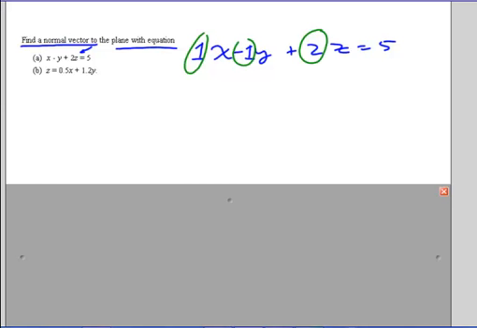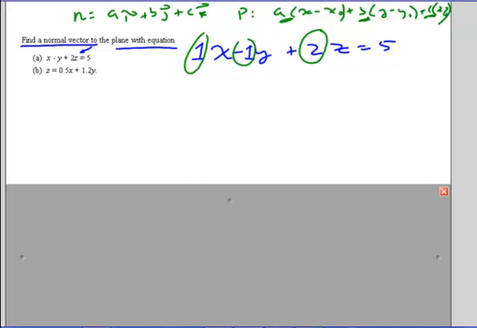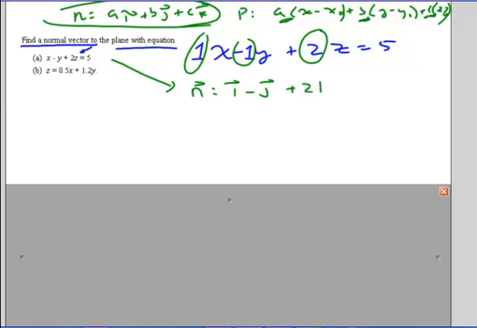Because remember, given the normal line ai plus bj plus ck, the plane had the equation a times x minus x naught plus b times y minus y naught plus c times z minus z naught. So all of these were the coefficients, c, b, and a, which came from our normal vector. So for part A, our normal vector equals i minus j plus 2k.